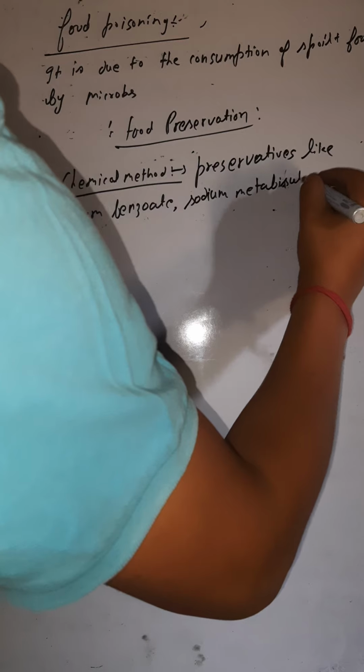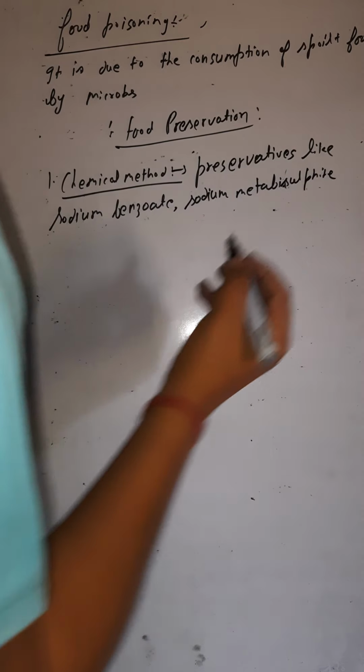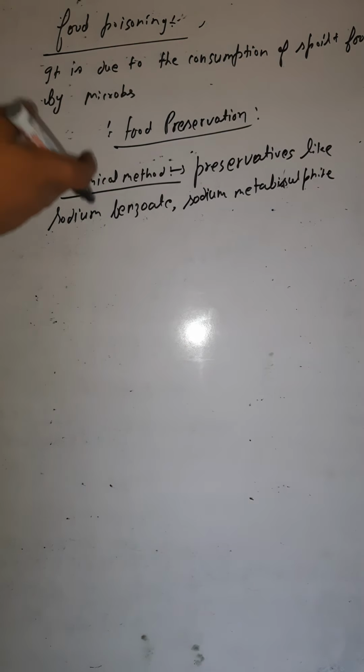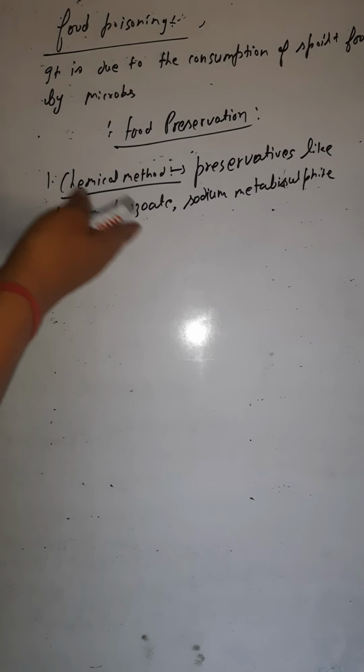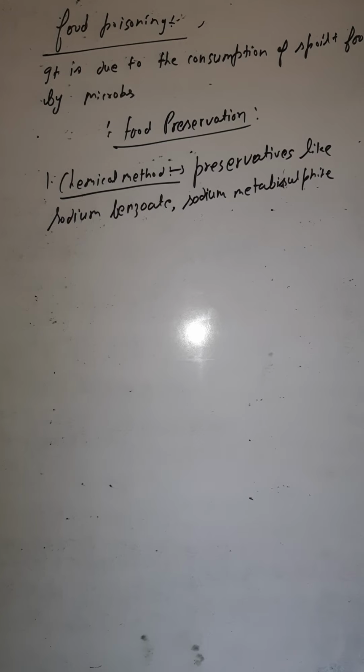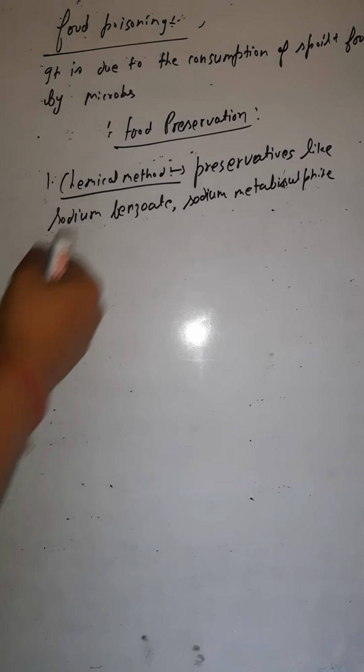These are some chemicals, and these are edible chemicals. If these chemicals reach your body, no harm is there, because they are edible chemicals authorized by the FSSAI organization. So these chemicals are used as preservatives.